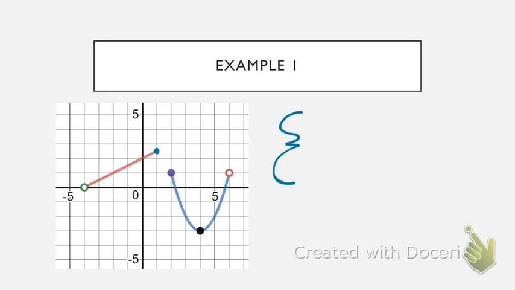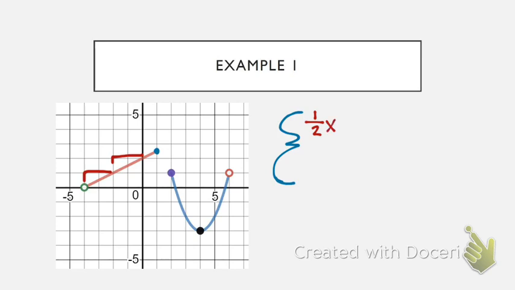So if I look at this red line here, I start at this, and I go up 1 and over 2. Up 1 over 2. So since I go up 1 over 2, I know my slope is 1/2.